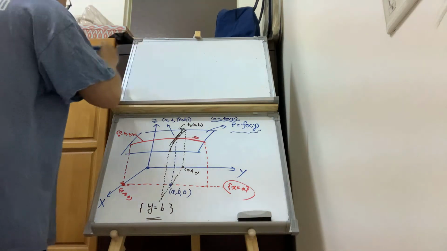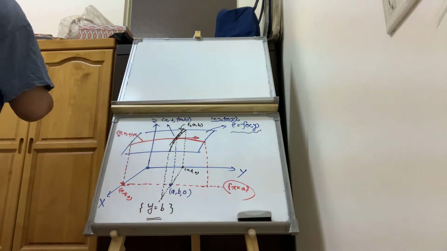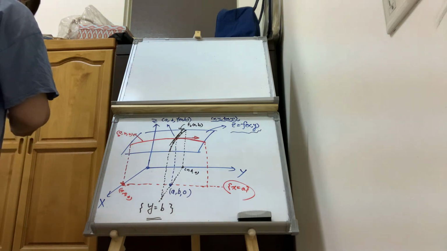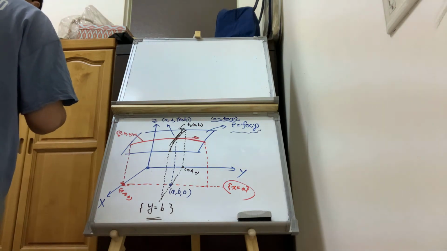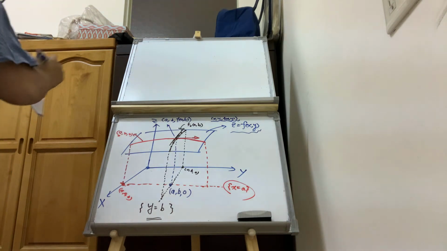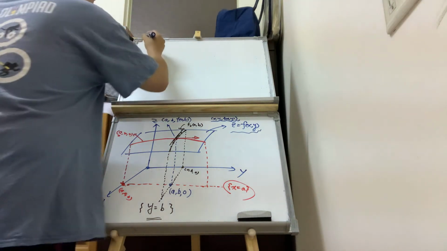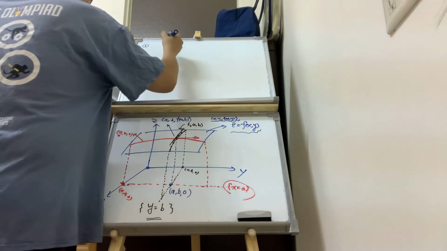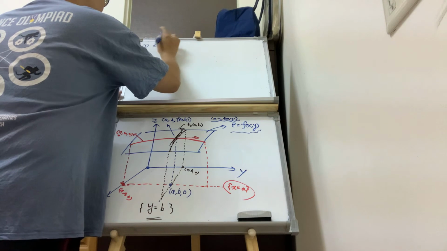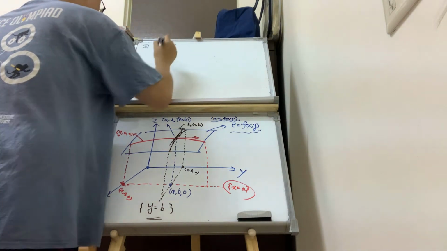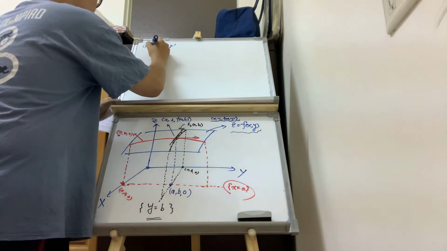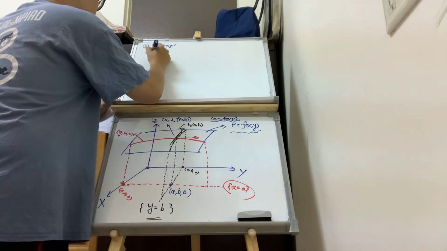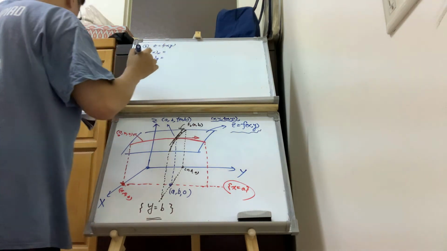So now let me tell you the notation we will use, and I will give you the example. g equals f(x, y).